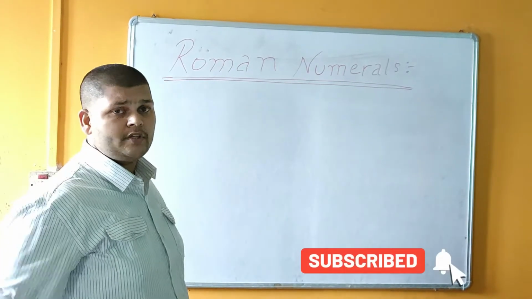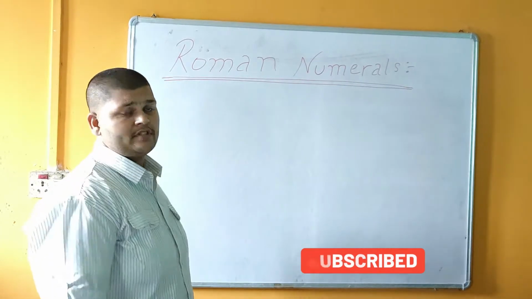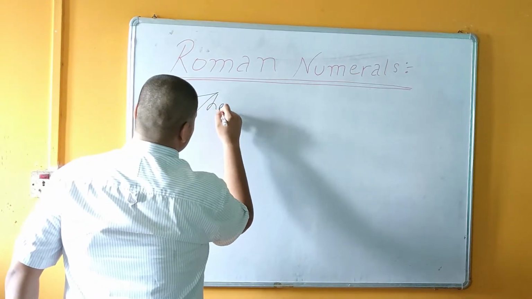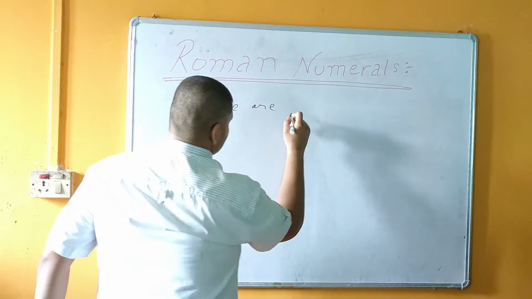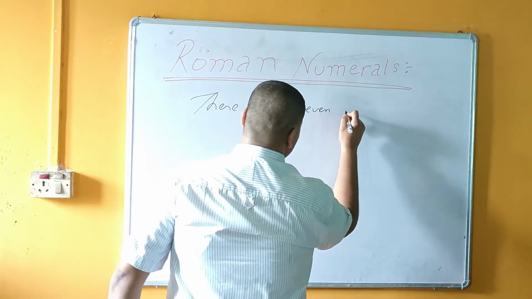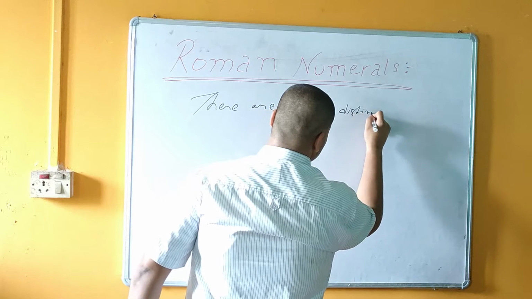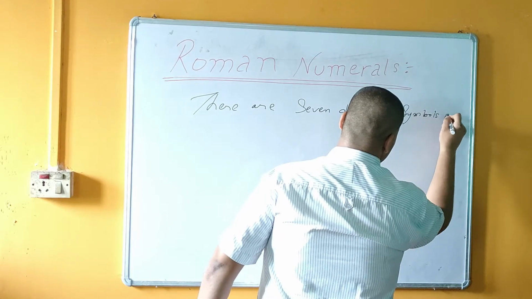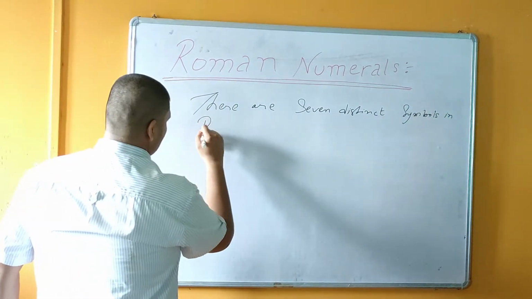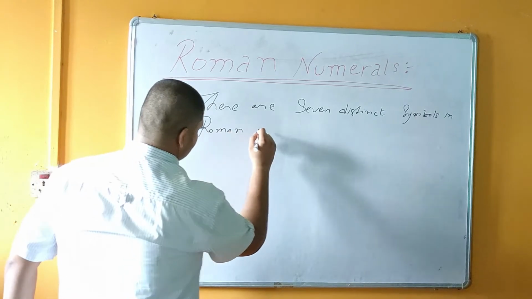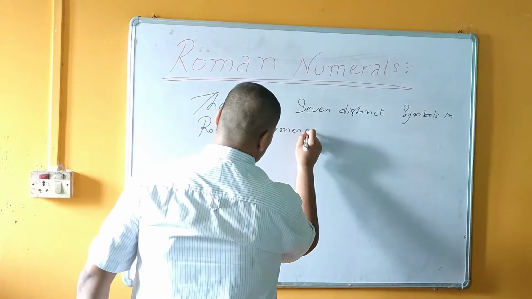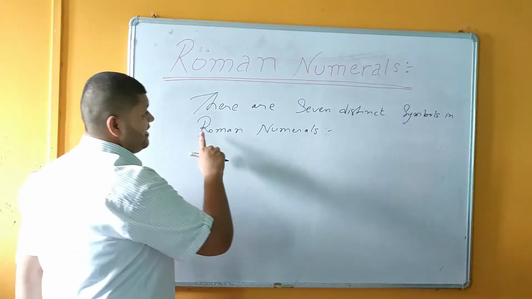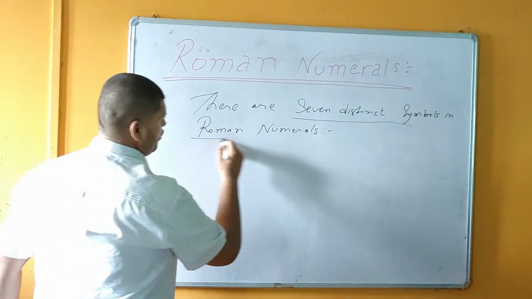But before getting into the actual rules, I would like to say that in Roman numerals there are 7 distinct symbols.